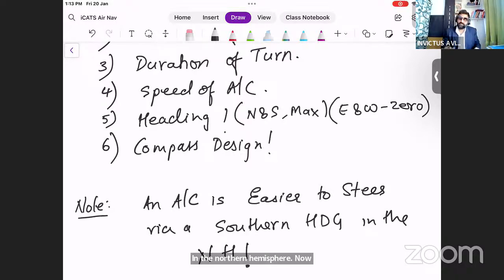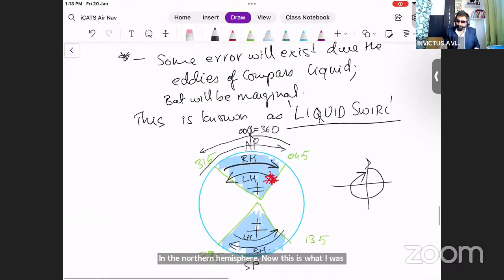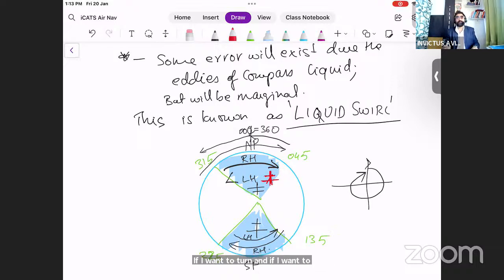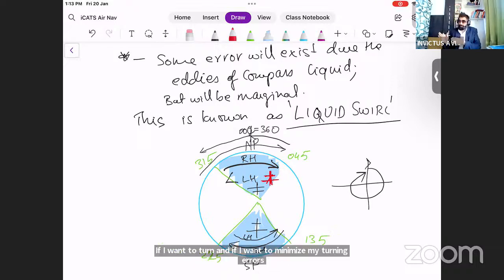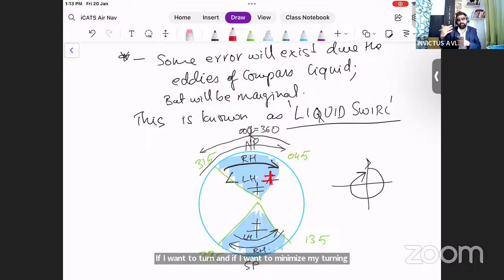Now, this is what I was talking about in the diagram. This red aircraft that I have erased right now, if I want to turn and if I want to minimize my turning errors, then instead of doing a northbound turn, even though I'm in the northern hemisphere, I should do a southbound turn. This is the meaning of this statement.